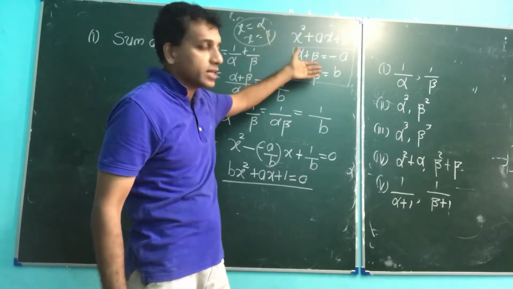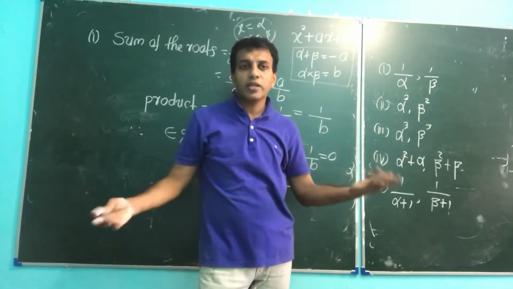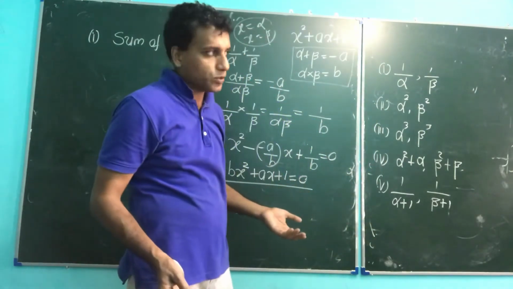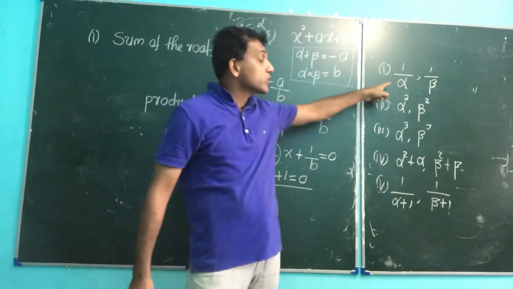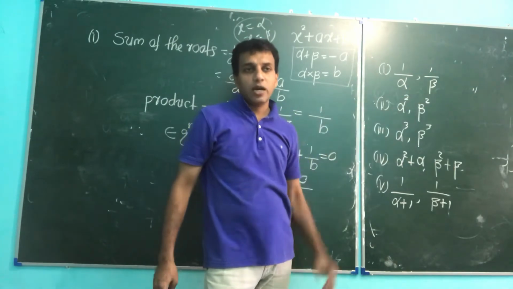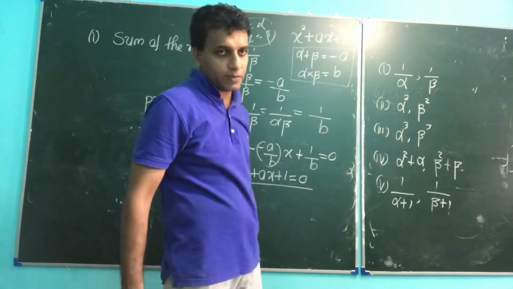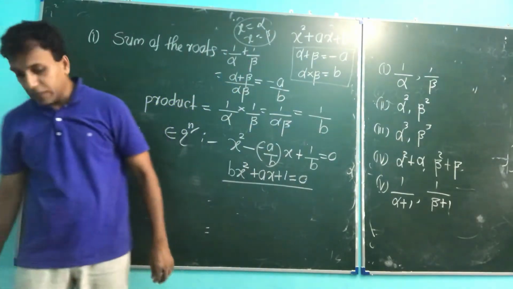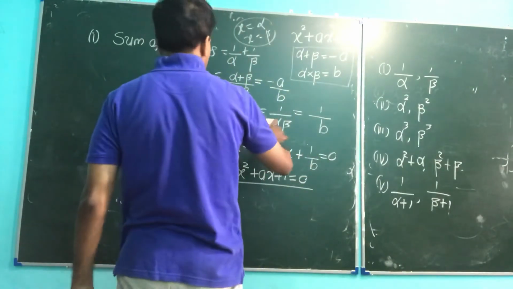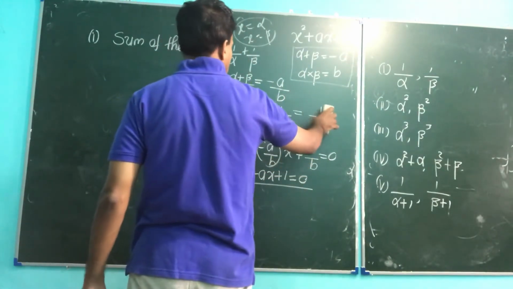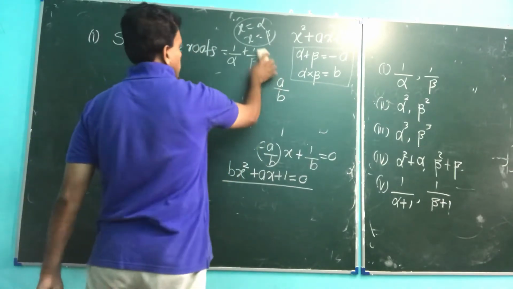Here, 1 over 5, 1 over 7. Find the equation. That's the meaning. So here the roots are the reciprocal of that. Therefore, see that method. If the same answer comes, then it's okay, right? See method 2.